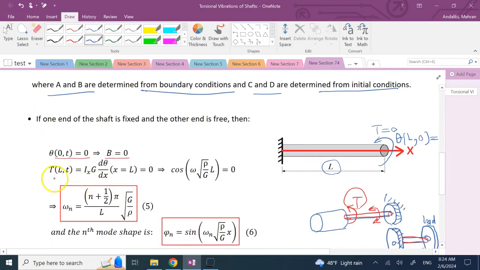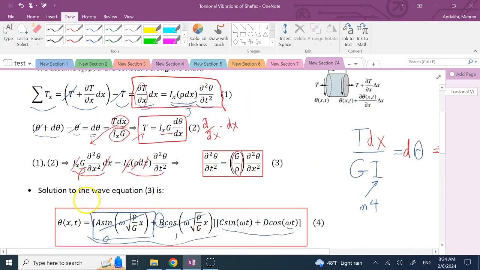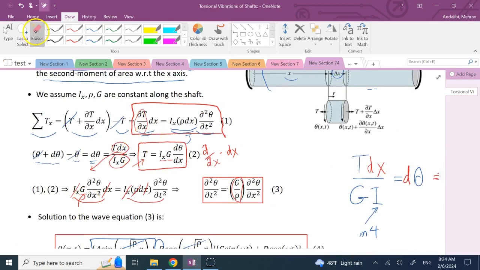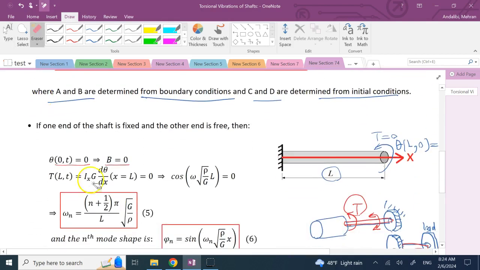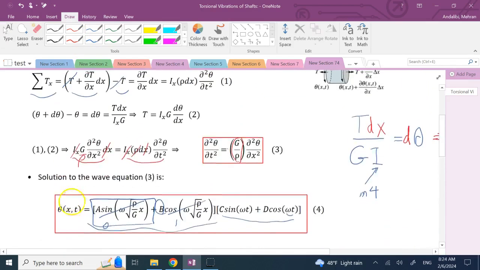Okay, and now at x of L, T is 0, but remember T was what? If we go back to this relation, equation number 2, you see that T was I times G times the first derivative of theta. If that's 0, that means the first derivative of theta with respect to x has to be 0 at L. Now, what does that mean?